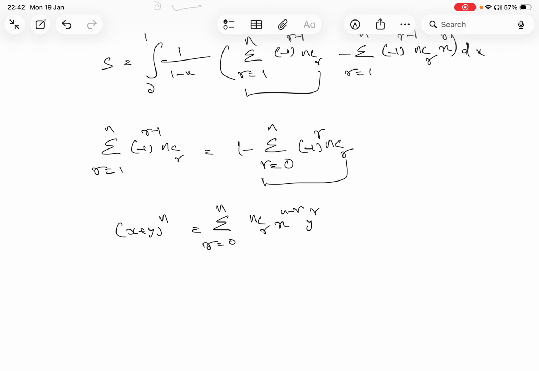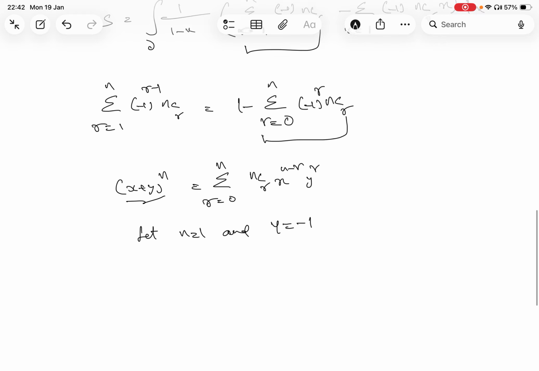Now let x equal to 1 and y equal to minus 1. Then 1 minus 1 is 0, and 0 power n is 0.